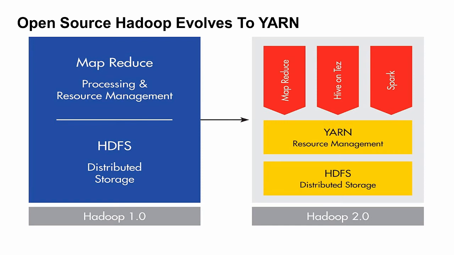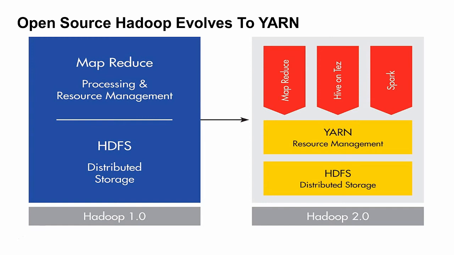And when Yarn came out, Yarn said, hey, look, let's separate the processing and the resource management capabilities of MapReduce into separate services, right? On the right-hand side, you'll see Hadoop 2.0, where you've got Yarn, which is yet another resource negotiator that manages the resources on the Hadoop cluster and separates the processing and the resource management capabilities.